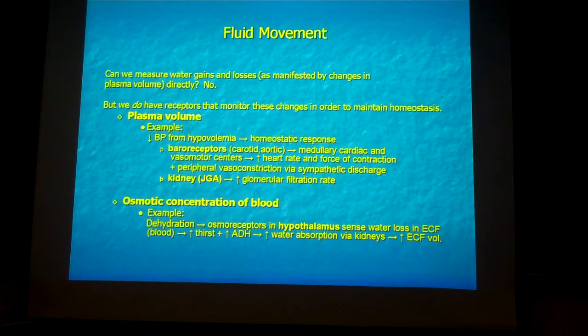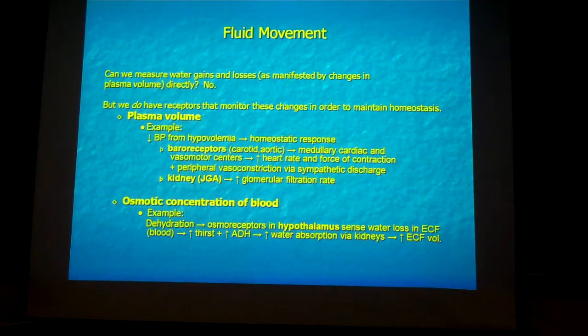Yes. It will. And if you're not filtering as much plasma, isn't that going to mean that you are producing less tubular fluid? Yes. And so the juxtaglomerular apparatus is monitoring the rate of flow through the distal convoluted tubule as it comes up next to the renal corpuscle. So it's monitoring a low flow rate.